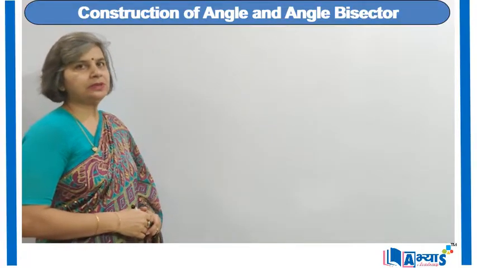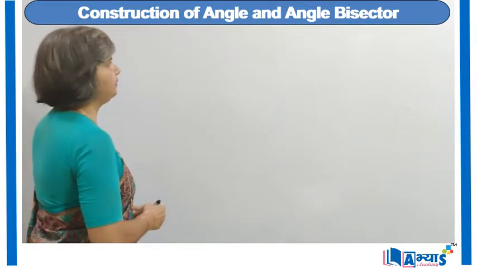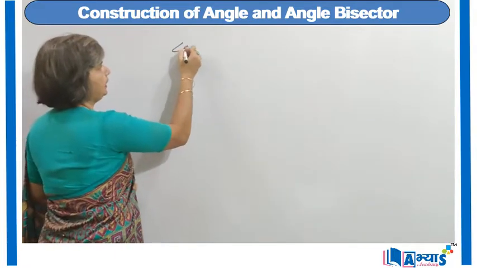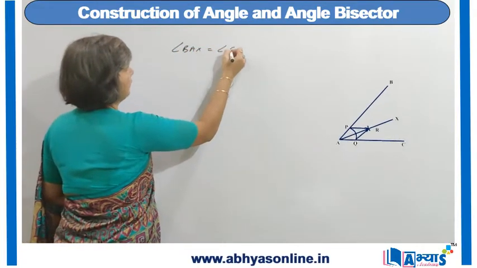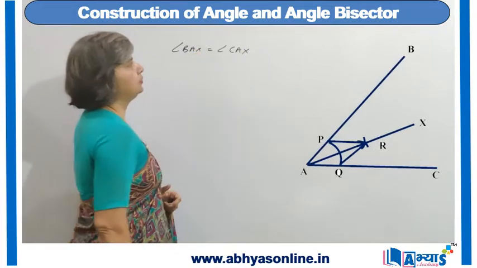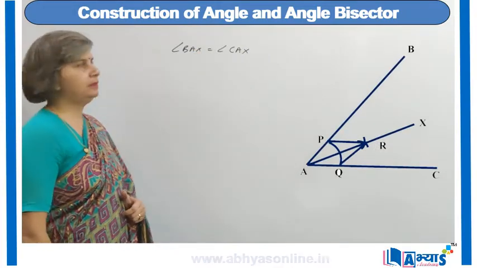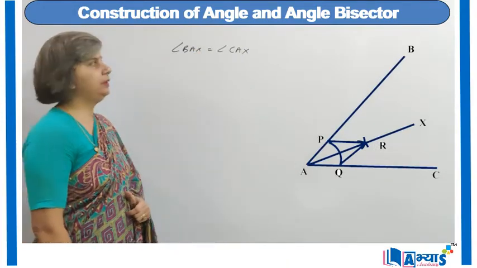Now let us try to justify the construction. That means we have to prove that angle BAX is equal to angle CAX. So that means AX is the angle bisector of angle BAC.